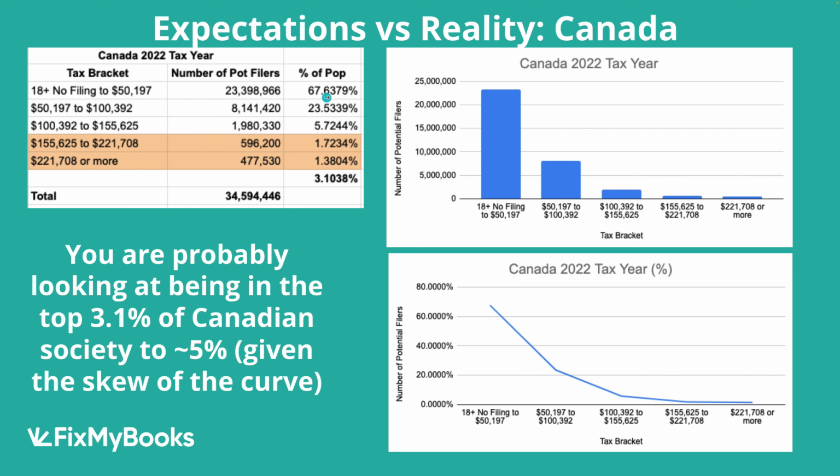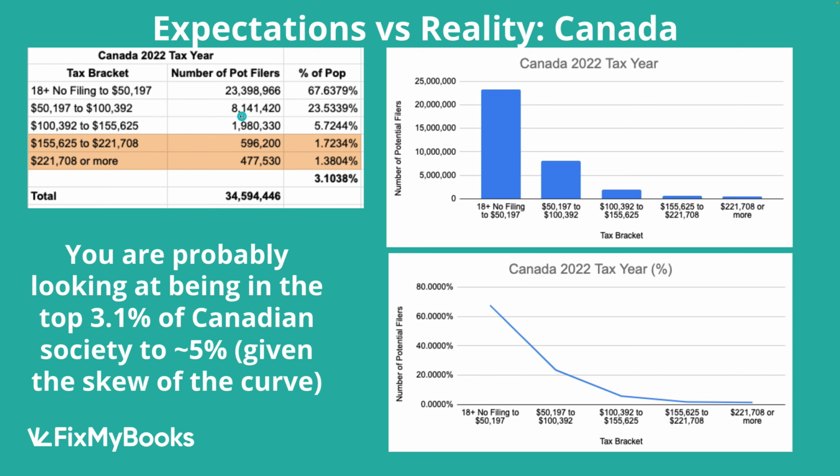So it's 67.64% of the population that we're dealing with here, and they're earning $50,000 or less, roughly. And then when we get to 50,000 to 100,000 Canadian dollars, that's about 8 million people in the country, about 23.5% of the population.